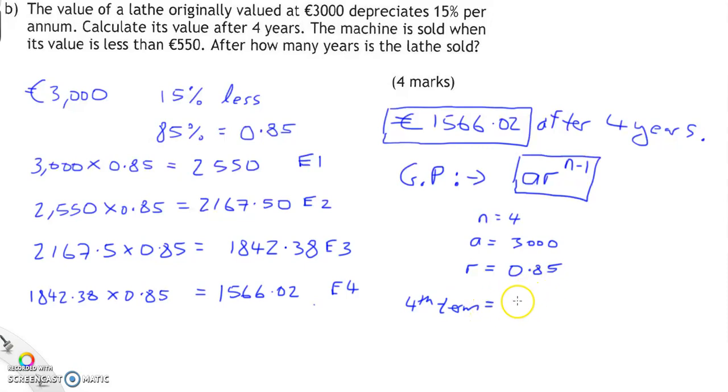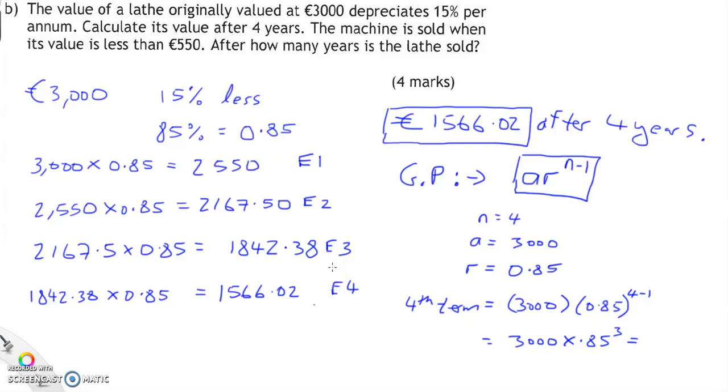So the fourth term will equal 3,000 multiplied by 0.85 to the power of n minus 1. So that's 4 minus 1, which is 3. I'm not sure if that's going to work out. 3,000 multiplied by 0.85 to the power of 3. We already did it 1, 2, 3, 4 times, didn't we?